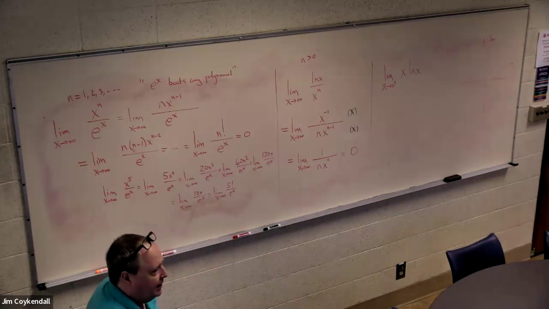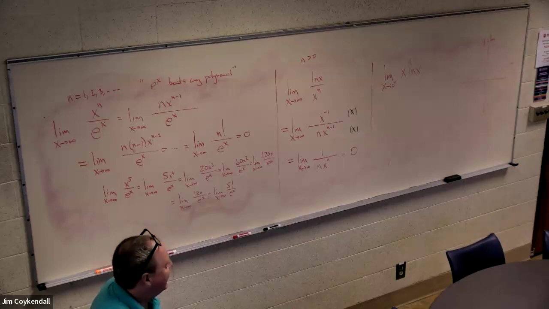It's hard to say, right? Because here's the problem. It depends on whether x is going to 0 faster than log is going to negative infinity. When you have 0 times infinity, you can have anything.